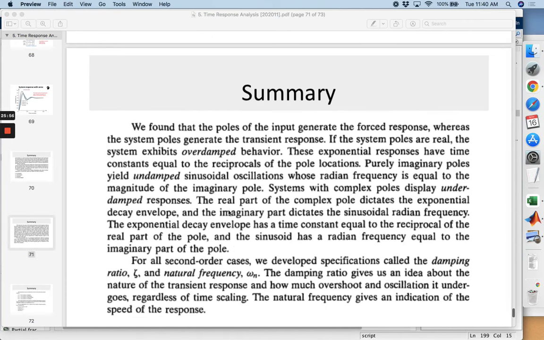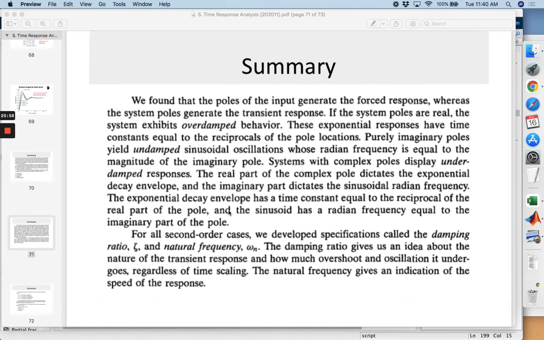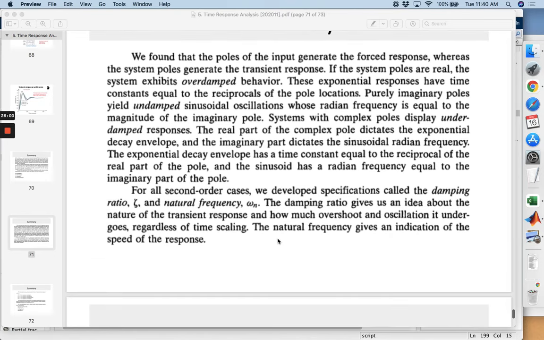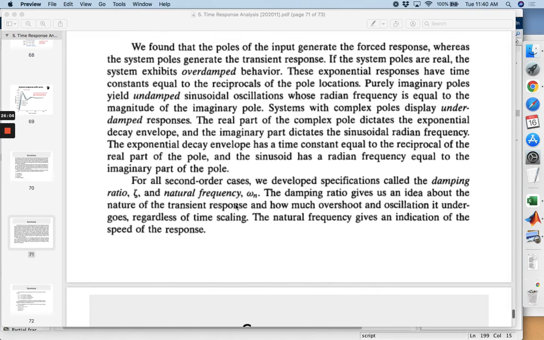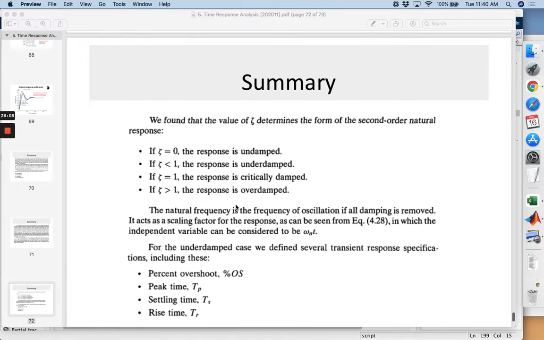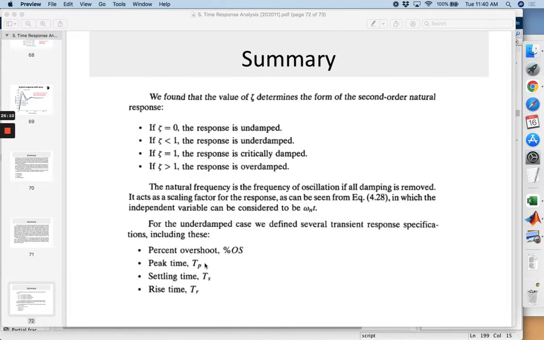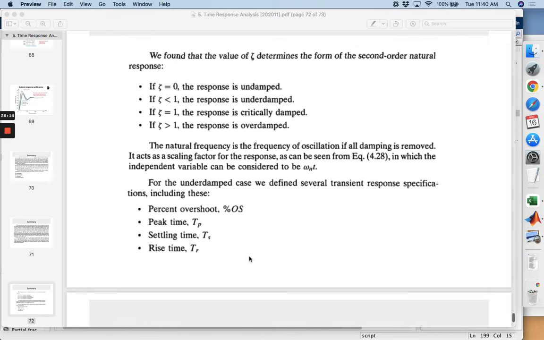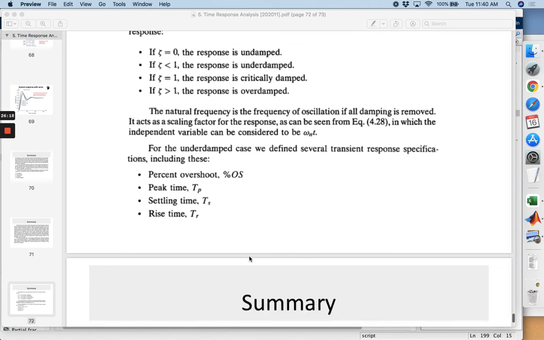We have also learned how to relate the damping ratio and the natural frequency to the response of the system, as well as how to find the percentage overshoot, peak time, settling time, and rise time from MATLAB, as well as from the formulas that we have derived.